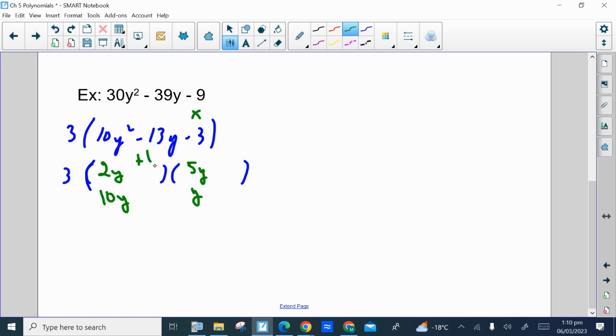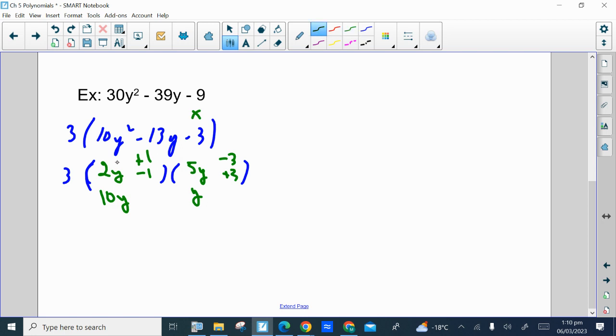Positive 1, negative 3, negative 1, positive 3. So you see in both cases, I've got a 1 in the first bracket and a 3 in the second, but I've switched the signs. And if I can't get these to work, then I'll switch the 1 and the 3 around and put the 3 in the first bracket and the 1 in the second. You don't know until you check.